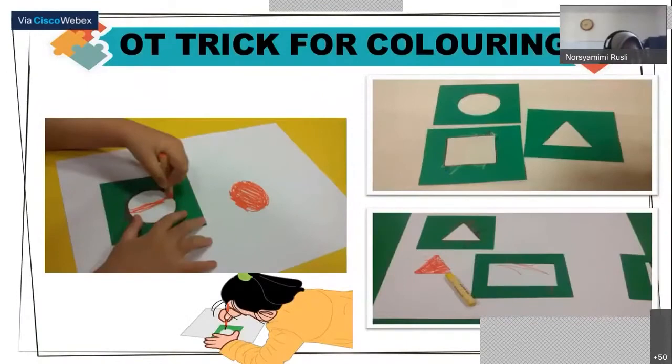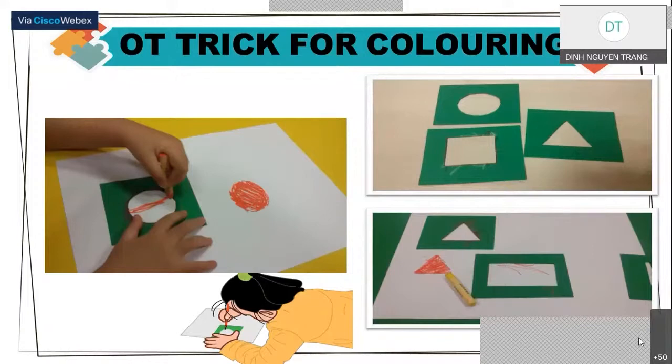So can I share some of my ideas? Yes, you're welcome. The color scheme, right? We not only use the crayon. We can use many kinds, like pencil color, sharp color pens too.